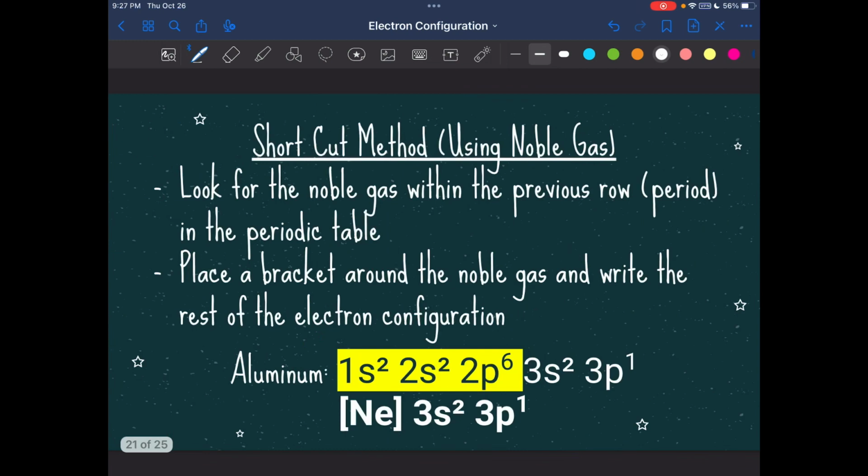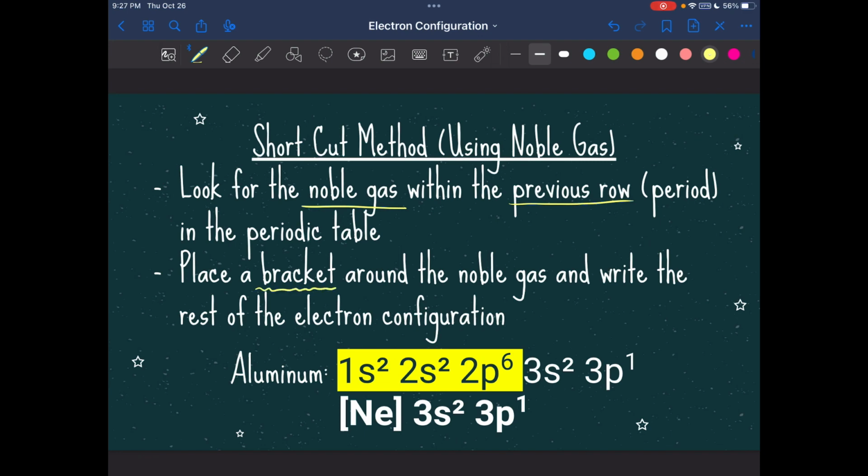Now that you know the basics of electron configuration, let me teach you the shortcut method. The shortcut method is pretty simple, but you're using a noble gas. So it says, look for the noble gas, emphasis noble gas, within the previous row in the periodic table.